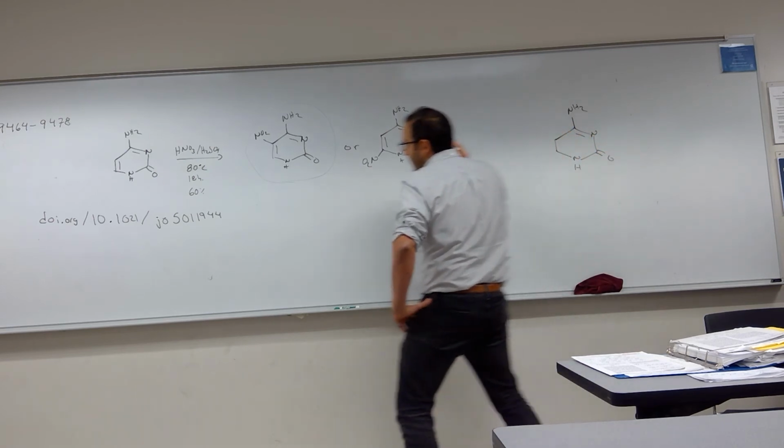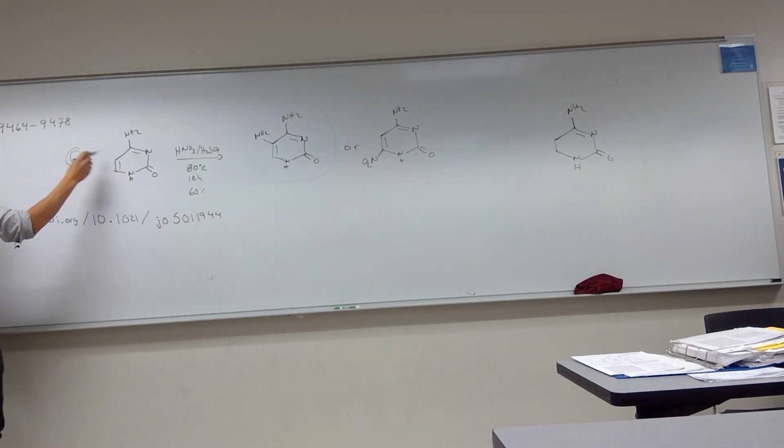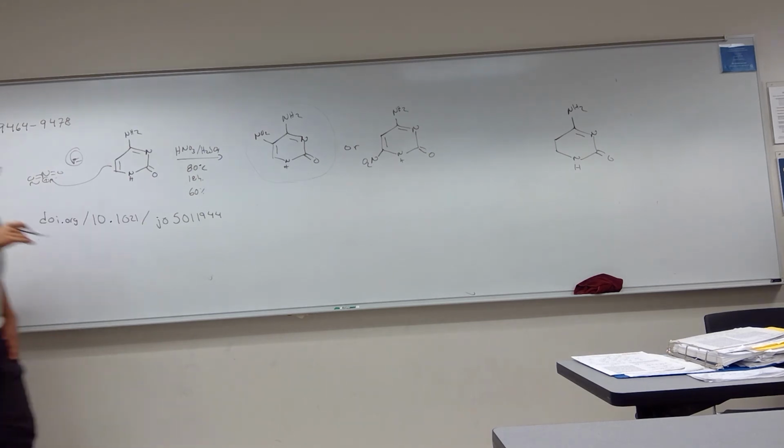If this attacks an electrophile, it's going to do this as an E, as electrophile. In this case, HNO3 is actually a source of an electrophile, the NO2 plus. This is going to attack there. That's your nitration, your electrophilic reaction.